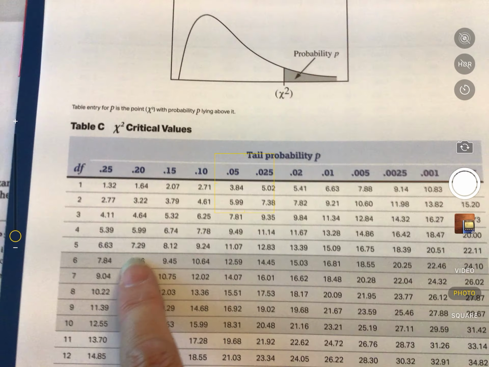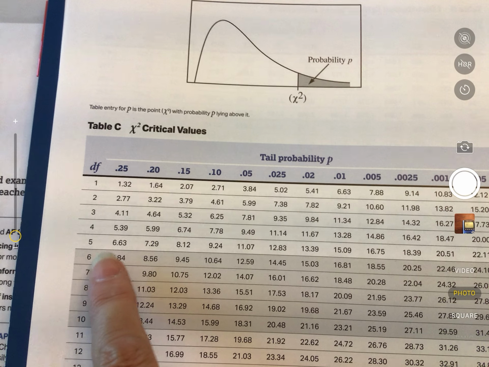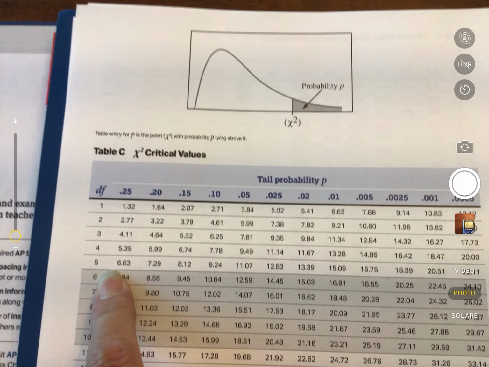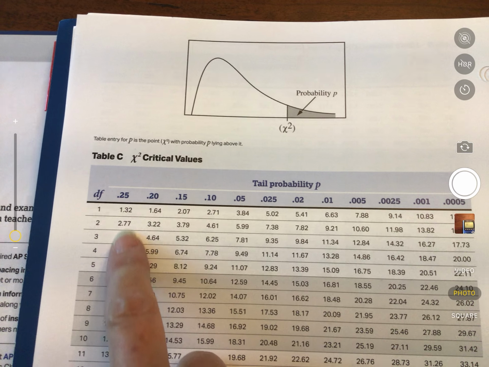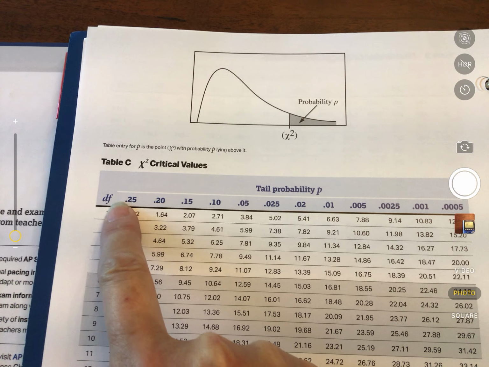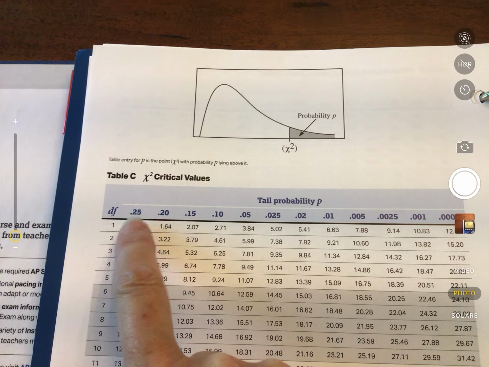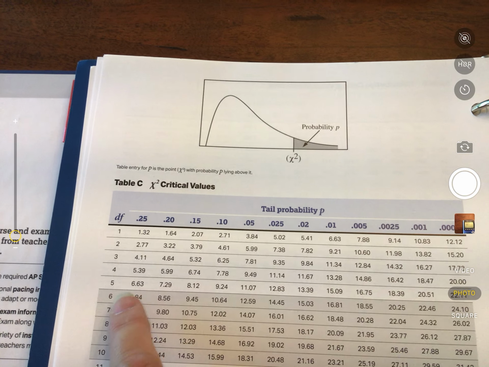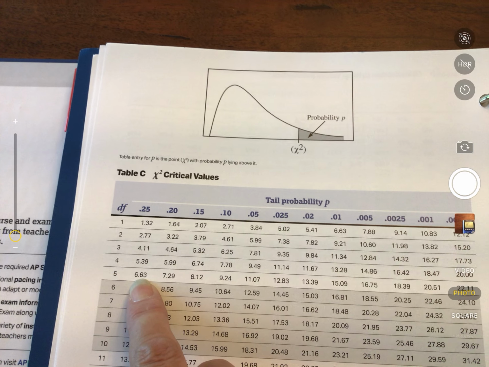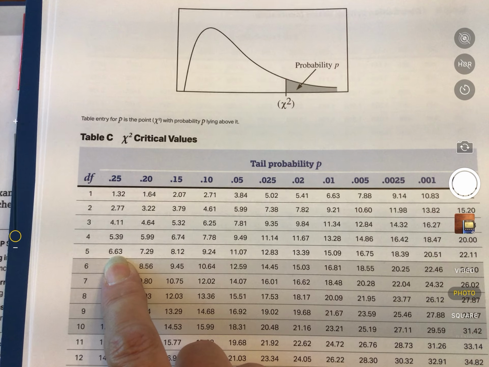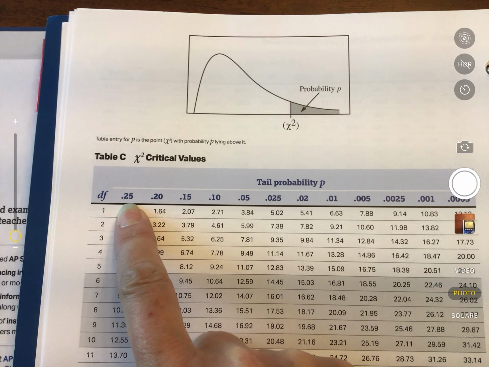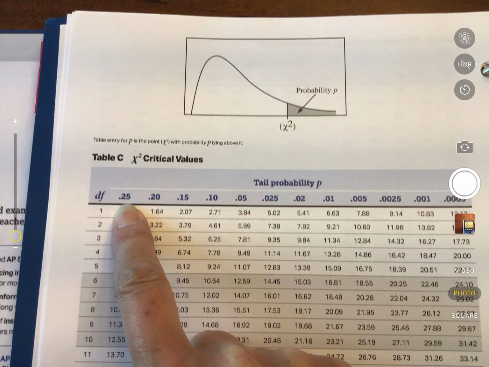My chi-square value is not on here because it was really small, 2.6. So if I read up here, my p-value is going to be greater than 0.25. If my chi-square value is smaller than 6.63, which it is, then my p-value is going to be greater than 0.25, which it is.